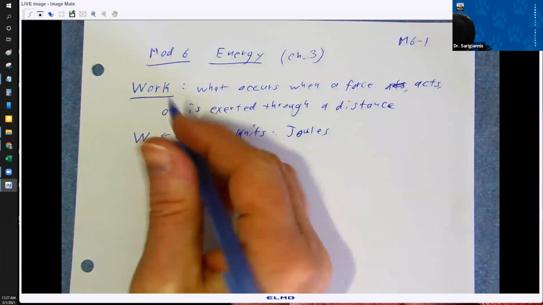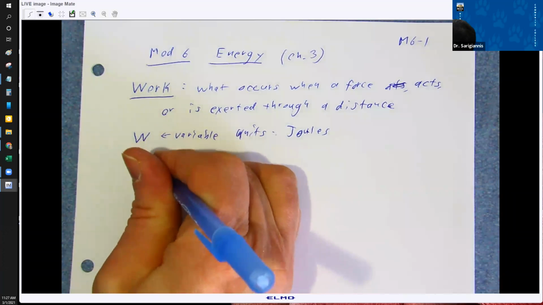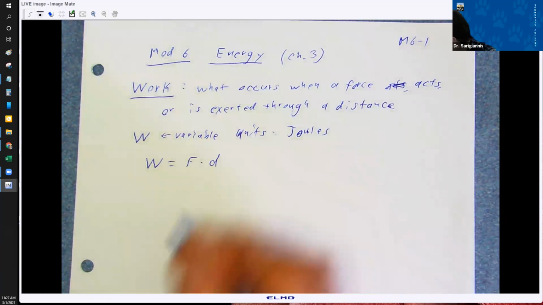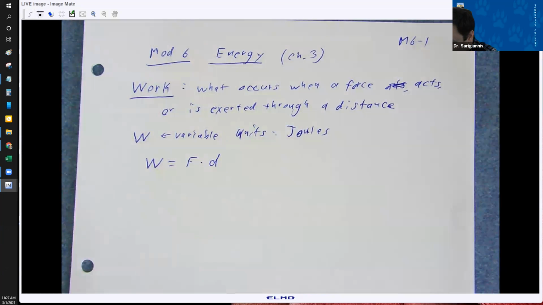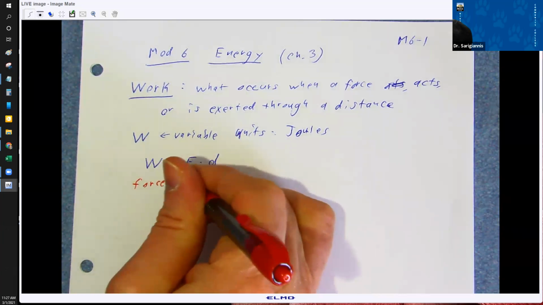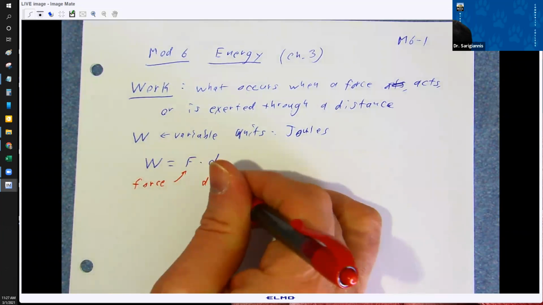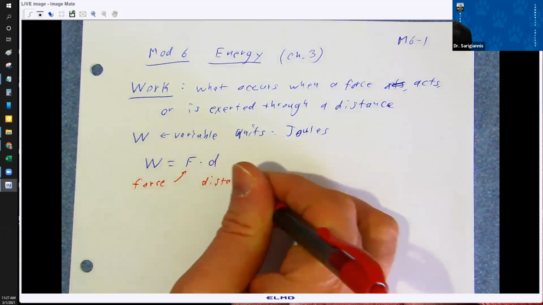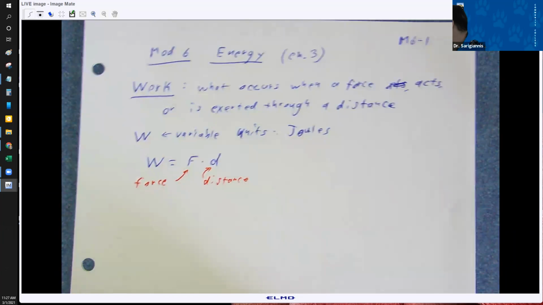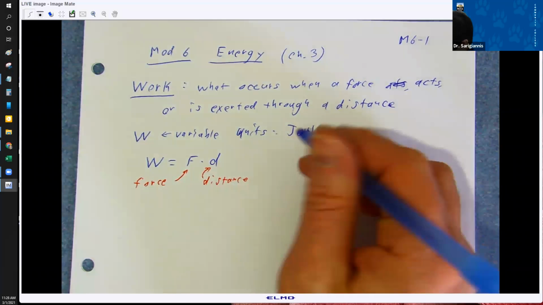And the general equation for work is force times distance. I mean, we already covered this somewhat, we covered the units a little bit with potential energy.